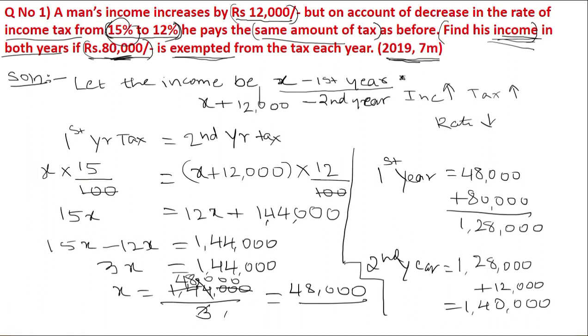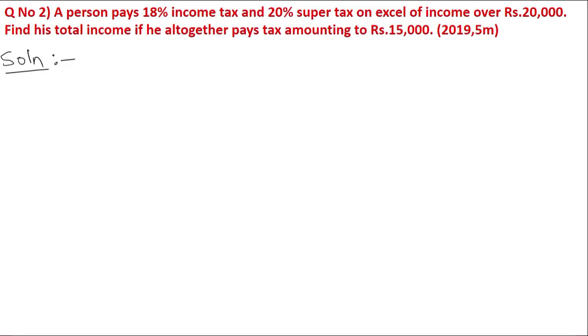Just drawing a line. This you need not have to write. This is rough part. So this problem has appeared for 5 marks in 2019. Okay. So same general problem. Not much of accounting is required here.